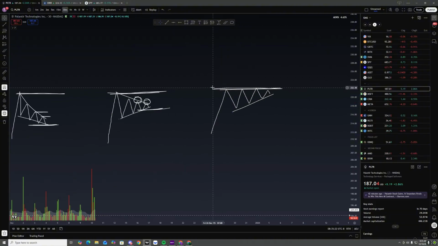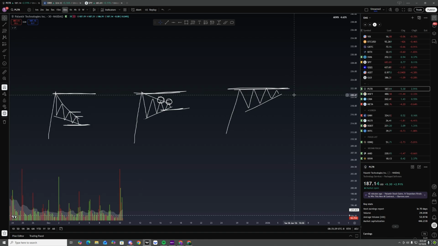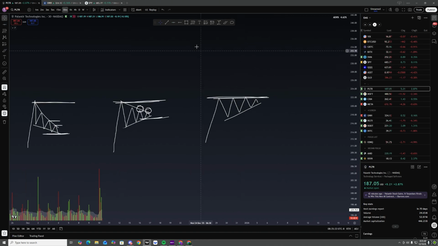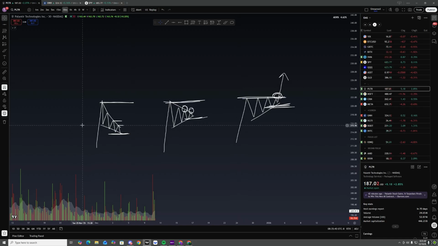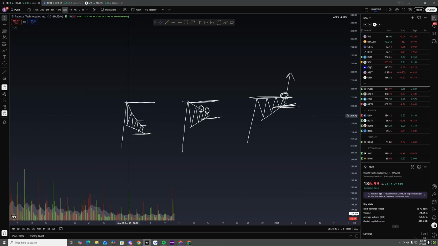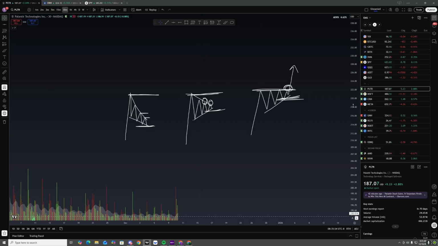And this gives us a clear entry point because it's such an obvious resistance, right? And then again, you take our entry as we break through the high of that resistance, entry right there, with a stop loss right below, right? So again, falling wedge, pennant, and ascending wedge, right? They're all pretty similar, but there are different characteristics to each one of them, okay?